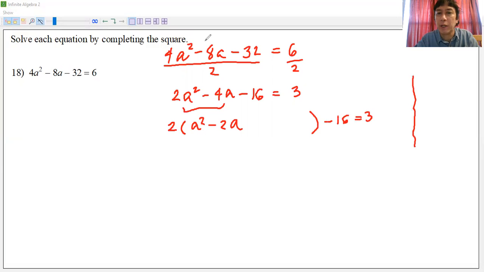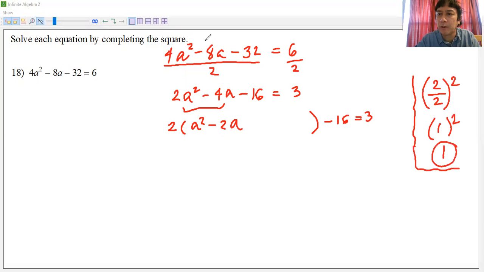Now we'll start the completing the square procedure. We start with the negative 2, so we will take that 2 and divide by 2, and then the result is squared. So 2 over 2 is 1 squared, and that will just be 1. That's the number to be added and subtracted. So plus 1 minus 1. Now take note of the trinomial. This is now a perfect square trinomial.